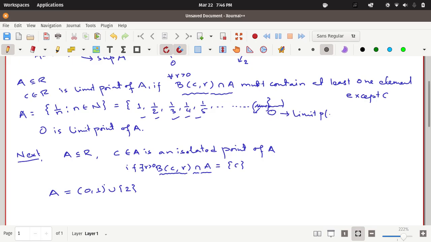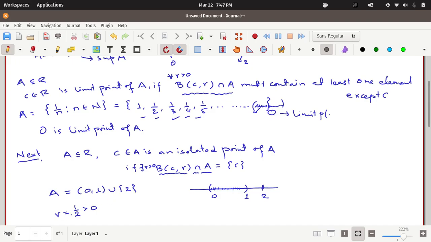Here we can visualize this set as the open interval from 0 to 1, and separately the single point 2, and all this combines to make the set A. Now let's consider a radius to be 1 by 2, R equal to 1 by 2, which is greater than 0.